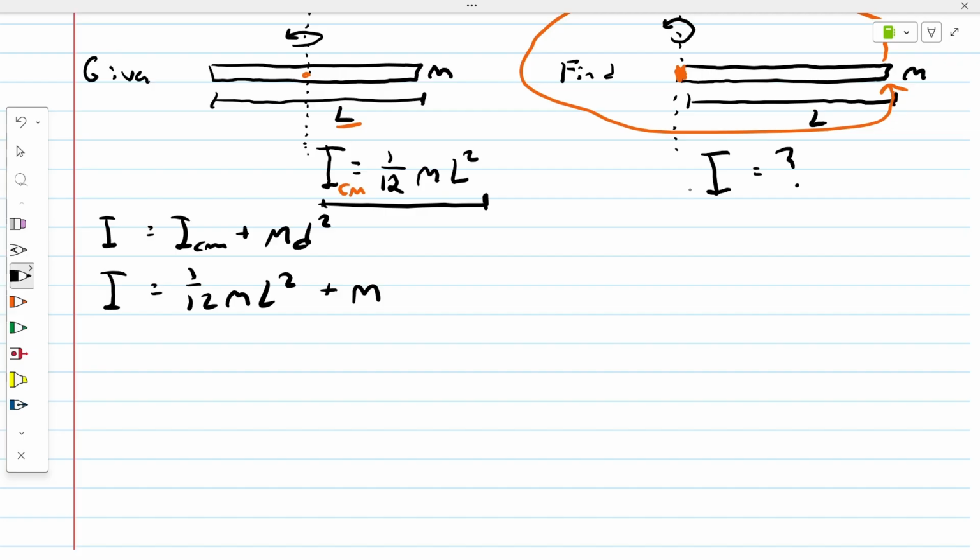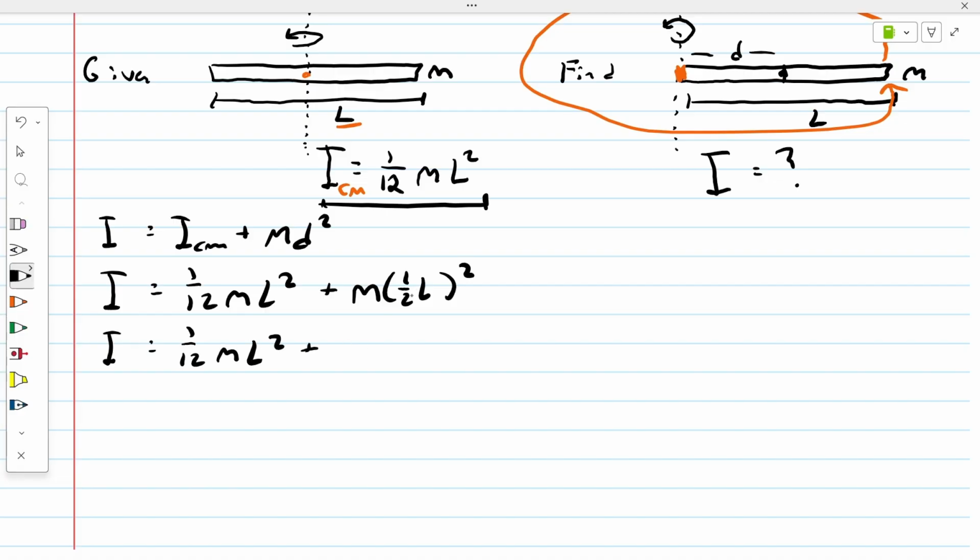And this distance is the distance from its center of mass that it's rotating around. And so right here is the center of mass, so this is the distance we want to look at from here to here. And that's simply just going to be 1/2 the length of L. Like this. And so now we have all of these variables in terms of each other, so we can go ahead and start simplifying this rotational inertia.